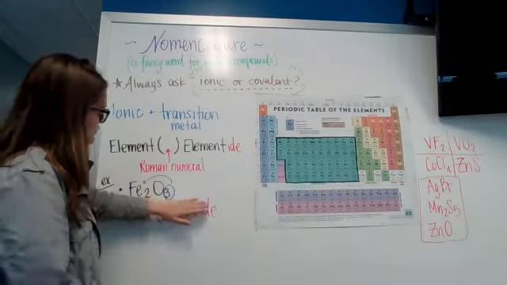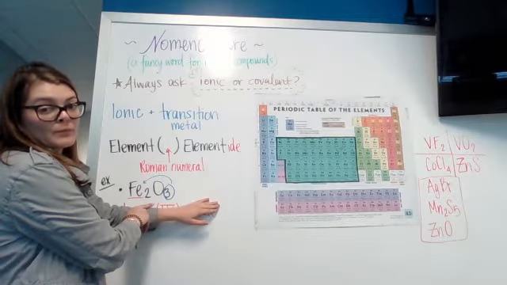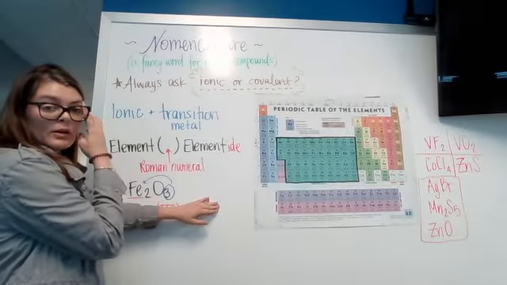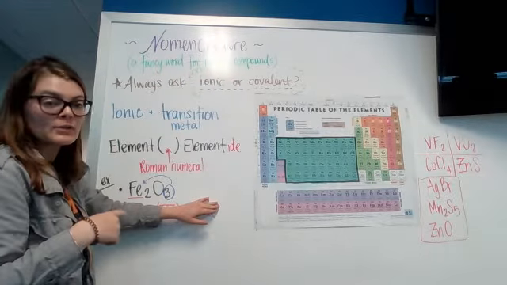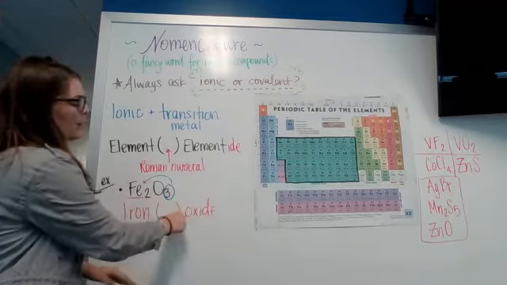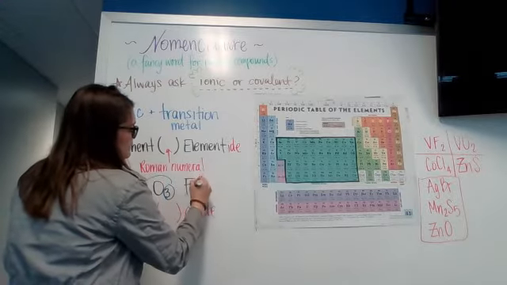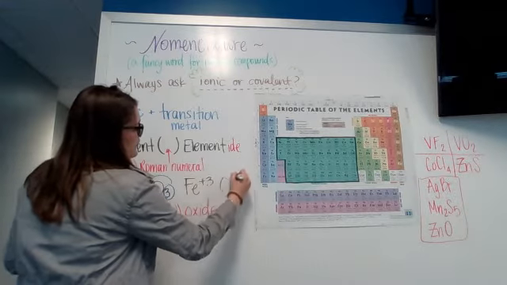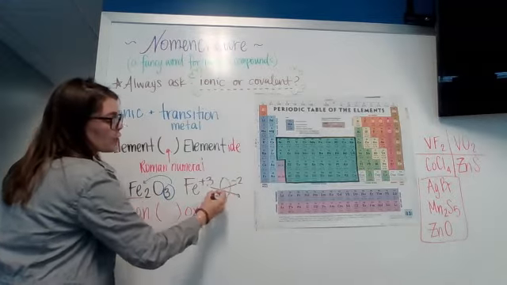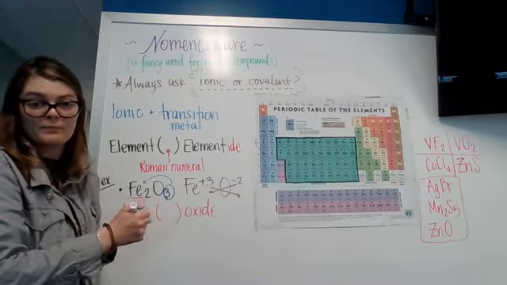Our first example, we have Fe2O3, okay? So that means we have 2 irons and 3 oxygens. However, remember that before, if I gave you Fe+3, O-2, we would have to crisscross these, and that's how we got Fe2O3.